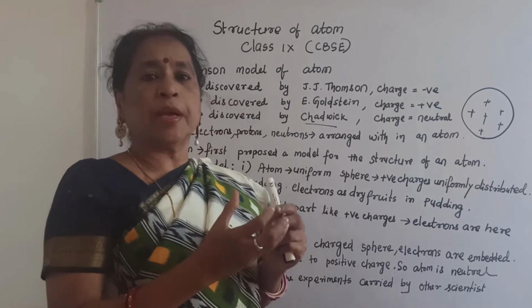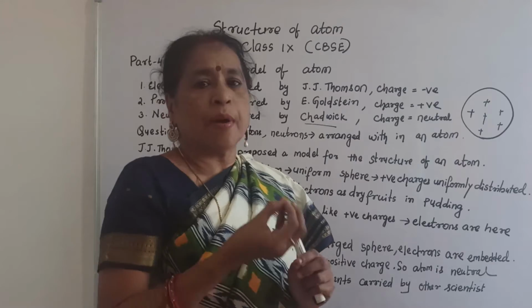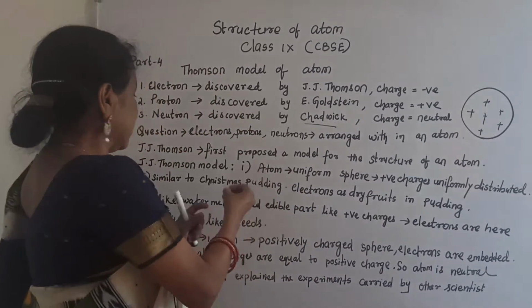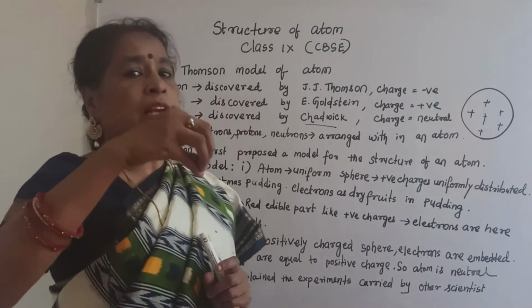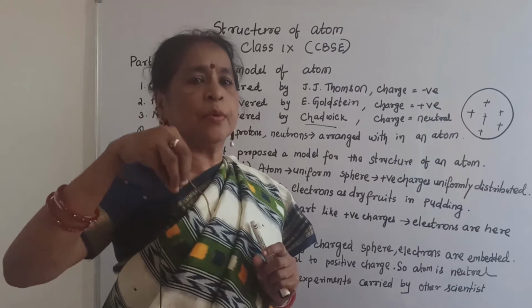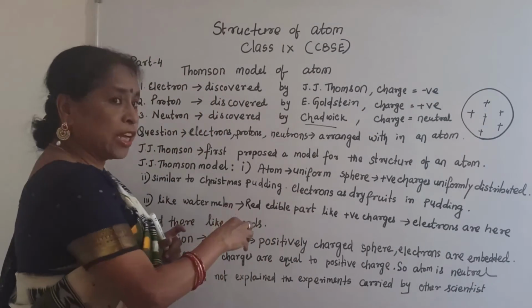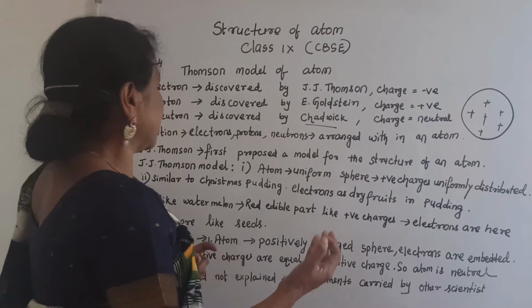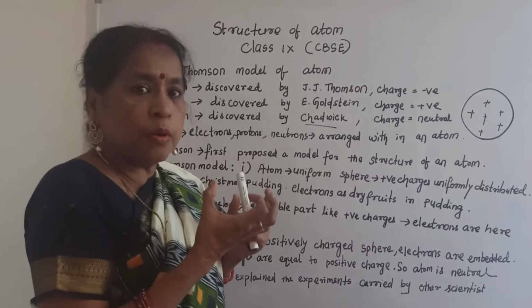Christmas pudding means milk and egg in combination, one type of kheer is produced, a sweet, where you put dry fruits here and there. You can find dry fruits here and there in that sweet, that is Christmas pudding, or simply pudding. Now electrons are just like dry fruits.